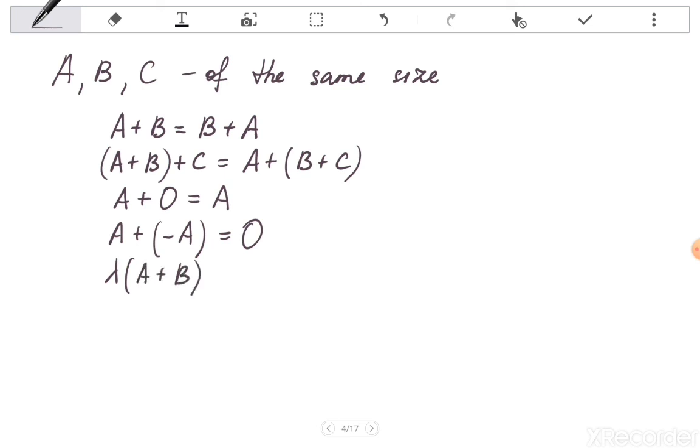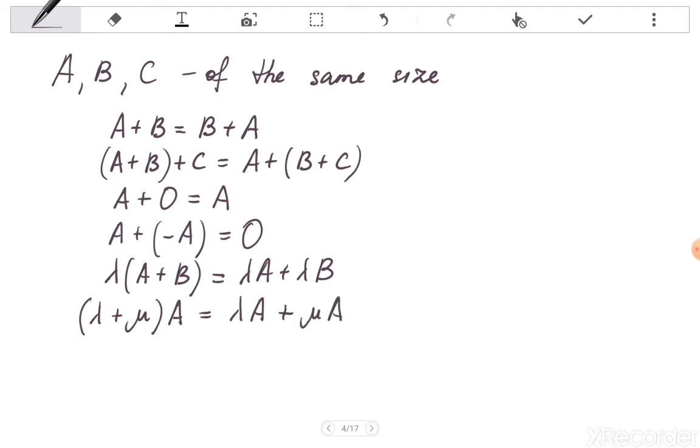If we multiply lambda by the sum of two matrices, we can open the brackets, as for numbers, to get lambda A plus lambda B. Similarly, if we have the sum of two numbers multiplied by a matrix A, we can open the brackets, multiplying A first by lambda and adding mu times A. And also, if we have two numbers, again lambda and mu, and we multiply the matrix by mu and then by lambda, this is the same as multiplying lambda and mu and then multiplying the result by the matrix A, and this is the same as, say, first multiplying lambda by A and then multiplying the result by mu.